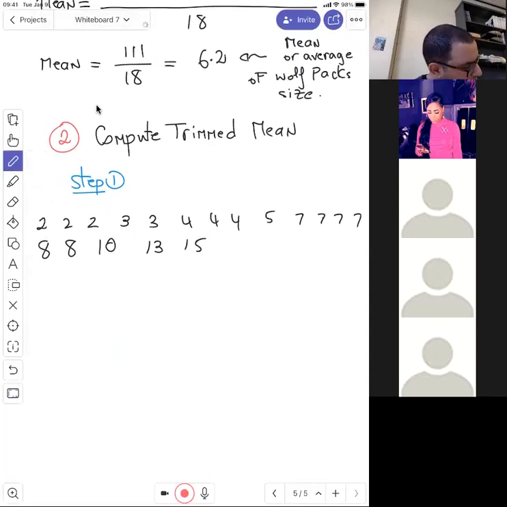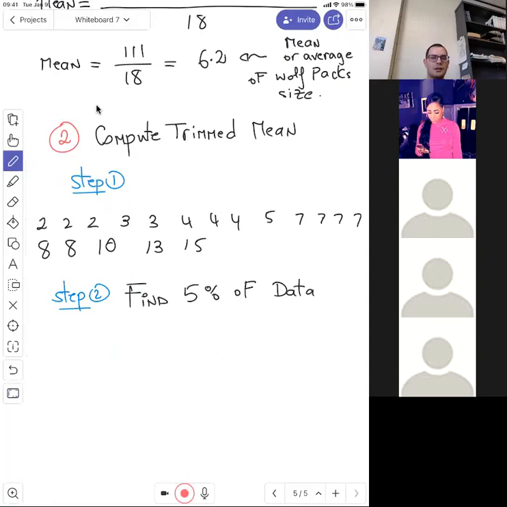Step number 2, we are supposed to compute or find what will be the 5% of your data values. Professor, do you always have to find 5%? Is that a general thing? Yes, that's the percentage we use all the time.